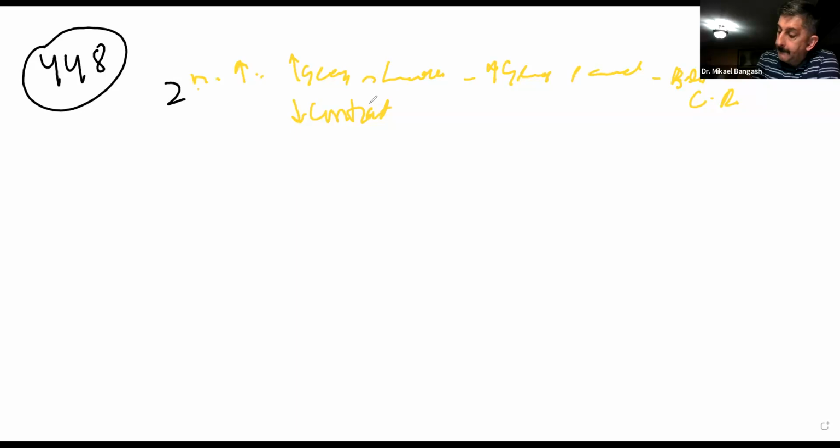Now, what is the smallest amount of digital storage called? That is what we call a bit. Do you guys remember what bit stands for? Binary digit.